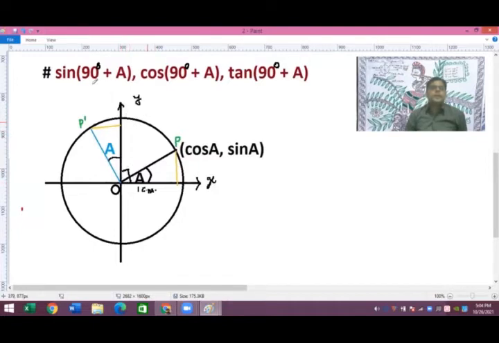But we are interested in the values for sin, cos and tan of 90° + A. Any angle more than 90 degrees will fall in the second quadrant. So here we have this angle as A, so we are talking of up to here 90 degrees and then plus A up to here. All together we are talking of this angle.